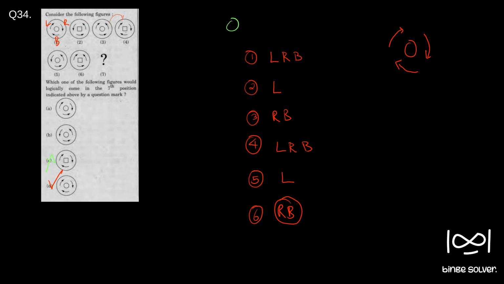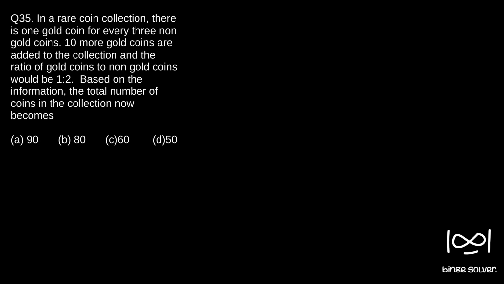Next question, 35. In a rare coin collection, there is one gold coin for every 3 non-gold coins. So let's say the number of gold coins is X. So there will be 3X non-gold coins, right?